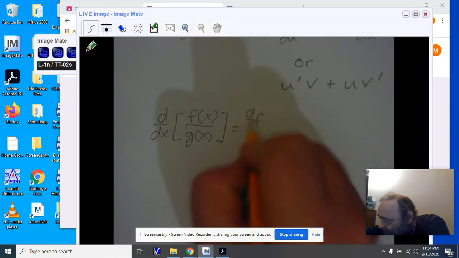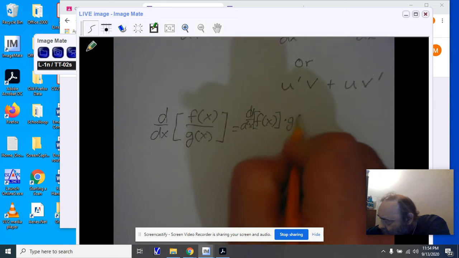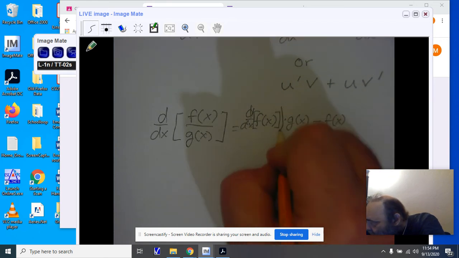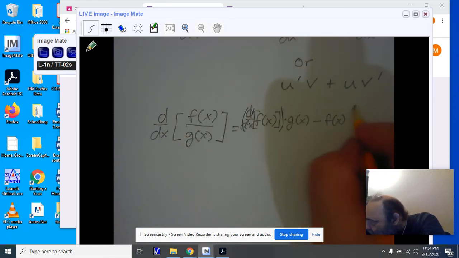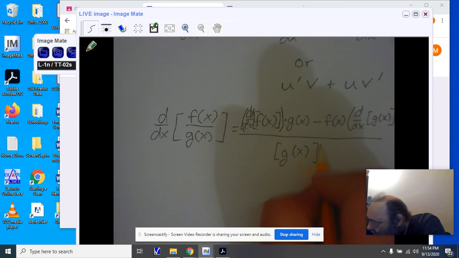The derivative of f of x times the g of x minus the f of x, let me make sure I keep that clear, times the derivative of the g of x. You'll notice that looks very close to the product rule, all over the g of x squared.